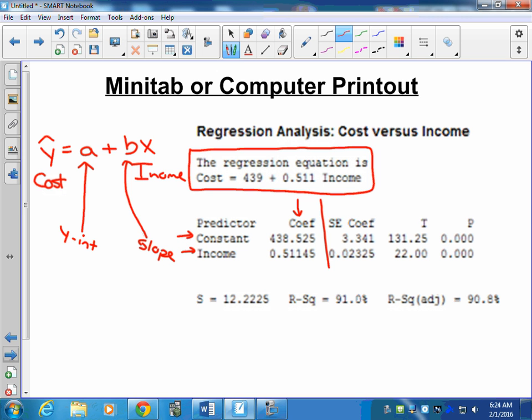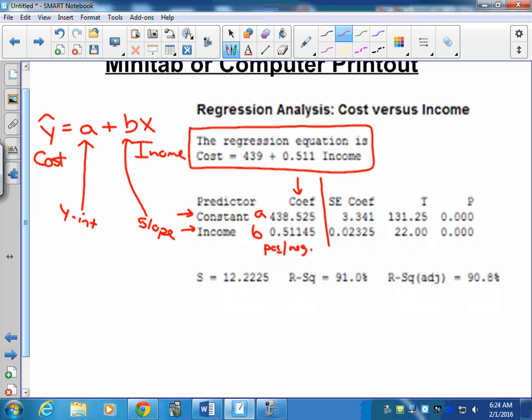So we have the constant coefficient, which is your a value, your y-intercept of the linear regression, and then you have your income coefficient, which is your b value. Always check b to notice whether it has a positive or negative slope, because we will need that as a part of our work for today.